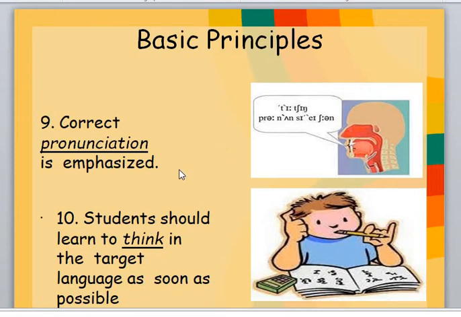The 10th principle is that students should learn to think in the target language as soon as possible. This is also one of the important principles of this method, that students should start thinking in the target language, because grammar translation method focuses on translation, and due to teaching grammatical rules and focusing more on translation, it becomes the habit of the students to translate every text into the target language, and this hampers the fluency of the students.